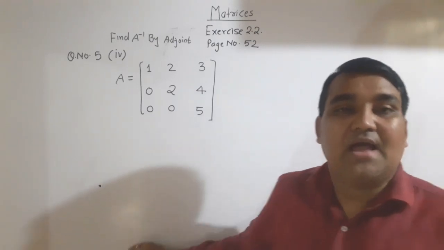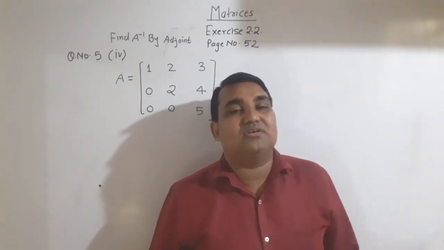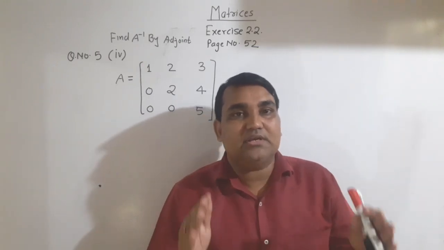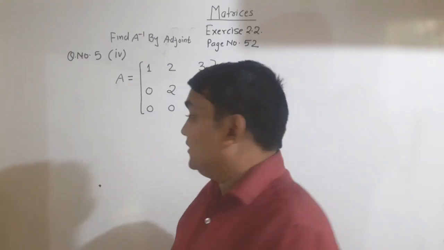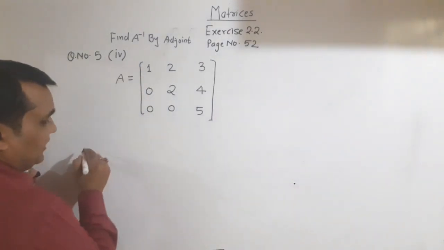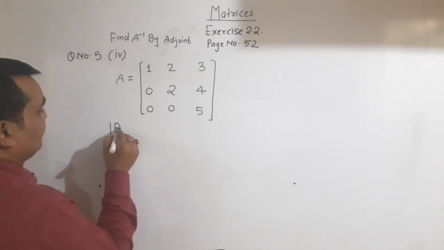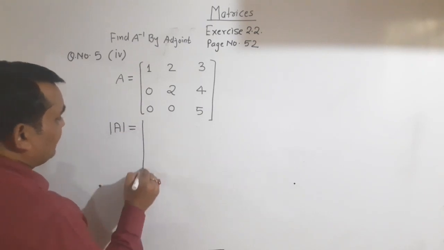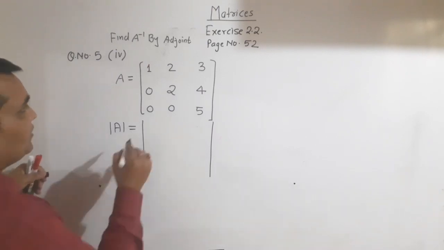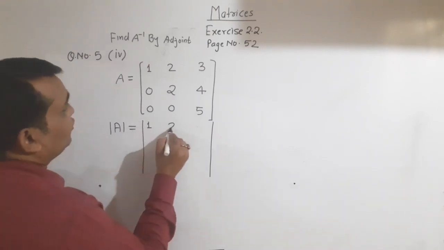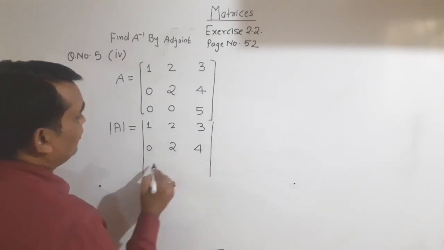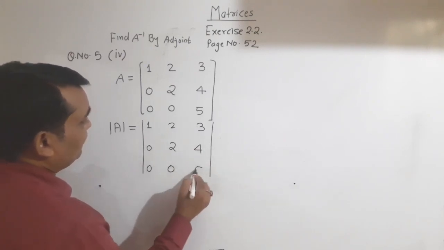Now here I am going to explain first how to find the determinant of order 3 by 3. Yes, so in this chapter we can revise our determinant finding of order 3 by 3. I am going to convert the given matrix into the determinant form. So it's 1, 2, 3, 0, 2, 4, 0, 0, 5.